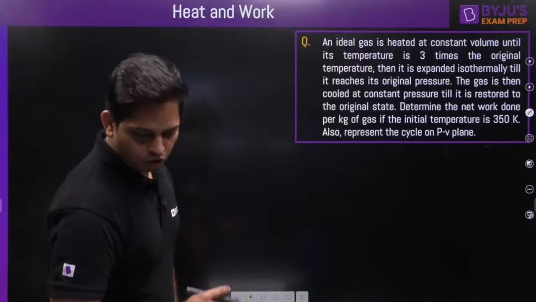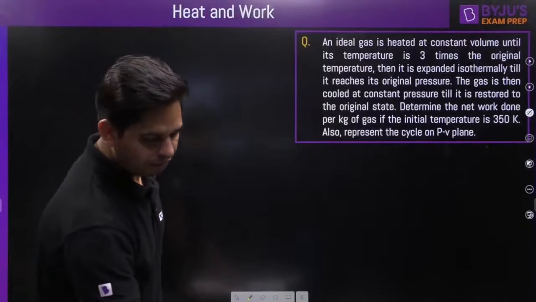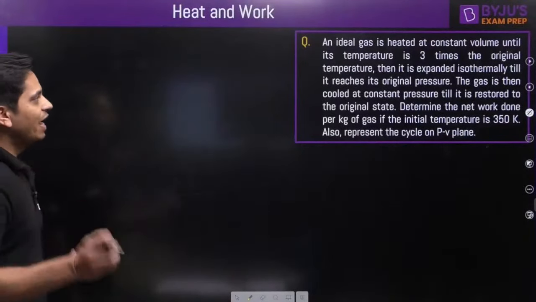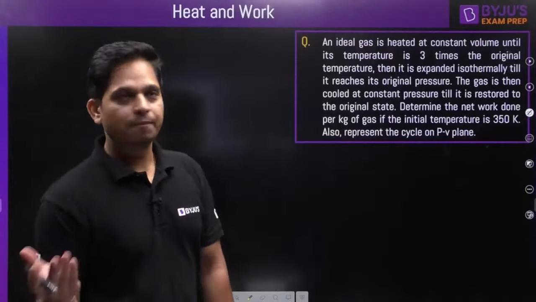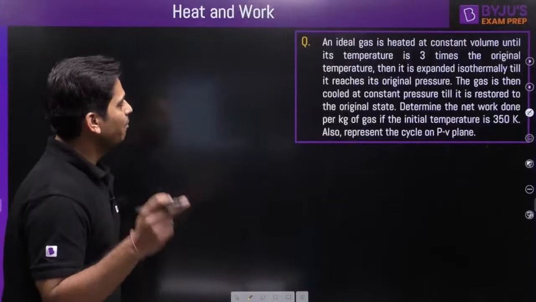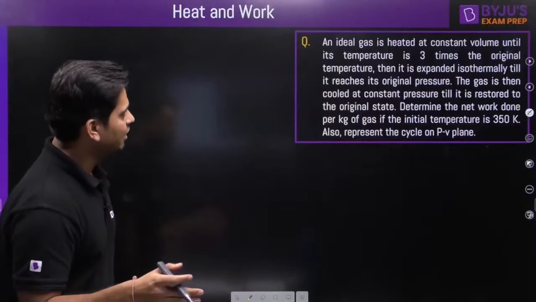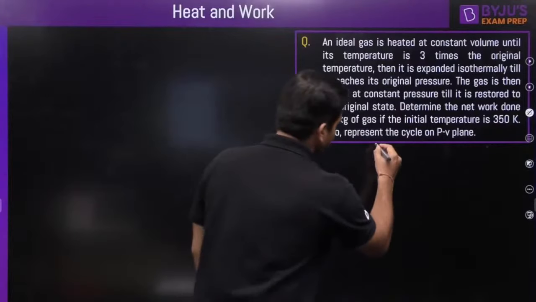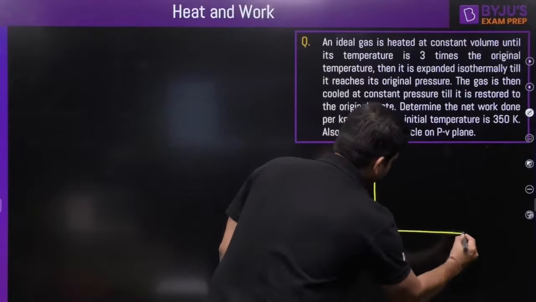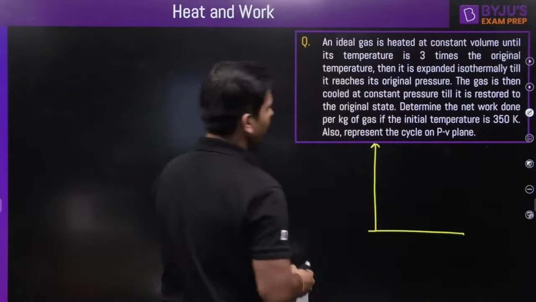Okay. So we have an ideal gas heated at constant volume until its temperature is 3 times the original temperature. Then it is expanded isothermally. So let's draw the PV diagram.